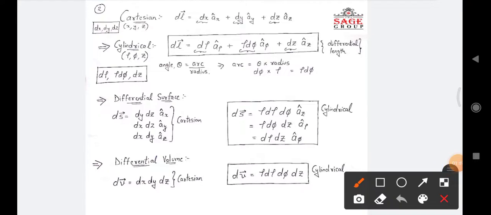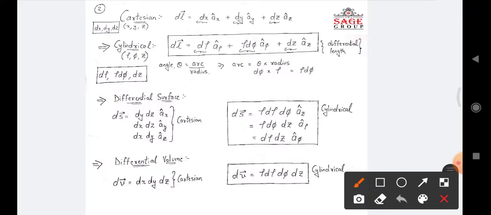To understand or find out these, I have written over there the three formulas for the Cartesian coordinate system of dl, ds and dv, so that we can compare easily, and from the older formulas we can easily derive our current formulas for the cylindrical coordinate system.